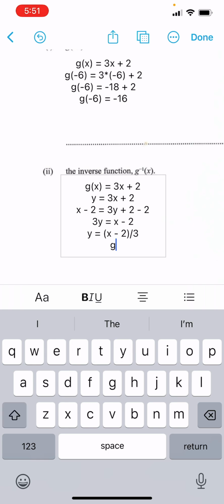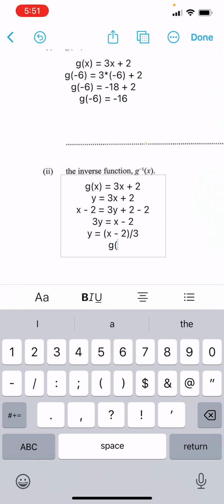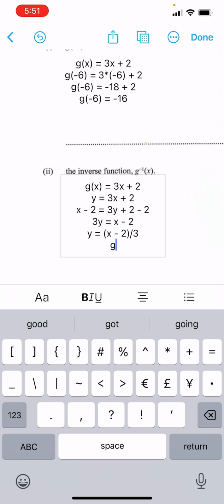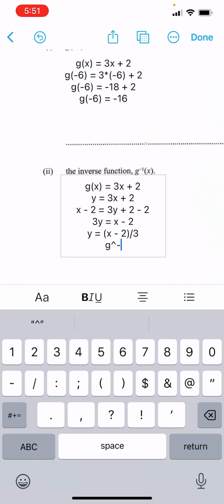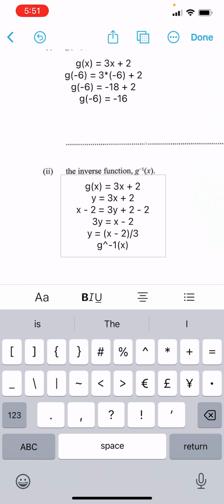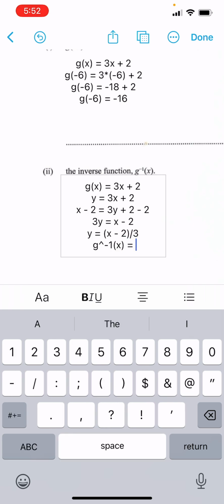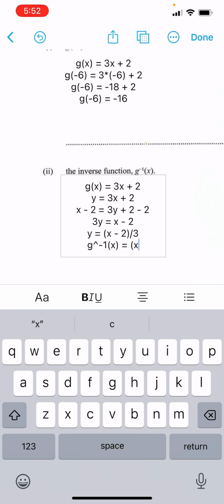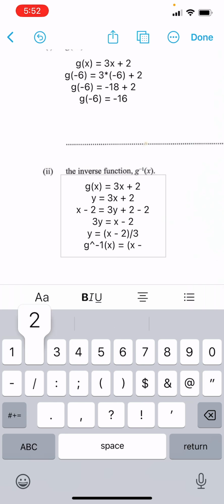Now, all you need to do is write this in the appropriate format. So you're just going to show that the inverse function of g of x is equal to what y is, which is x minus 2 over 3.